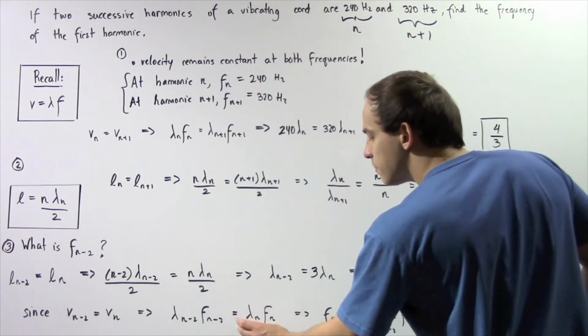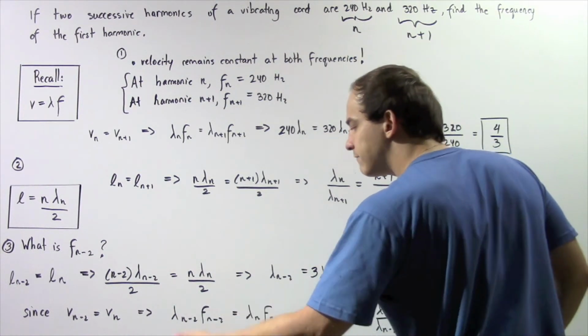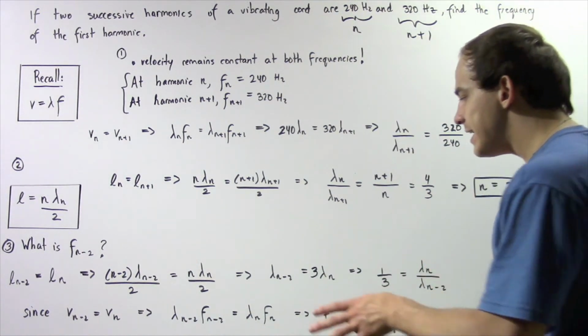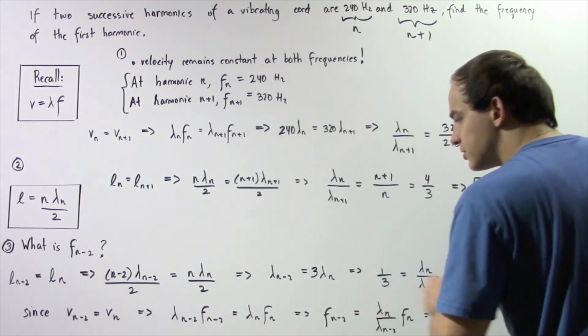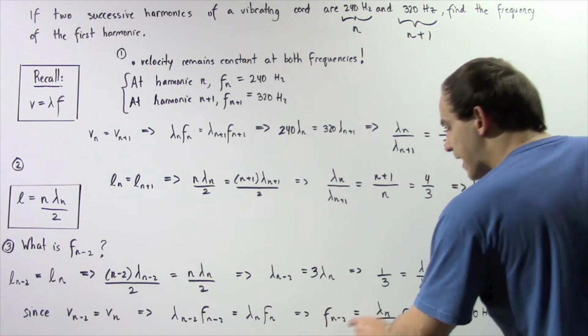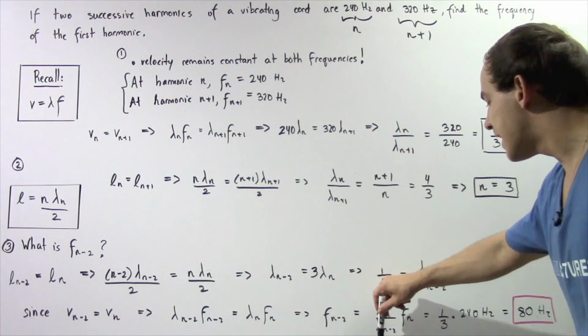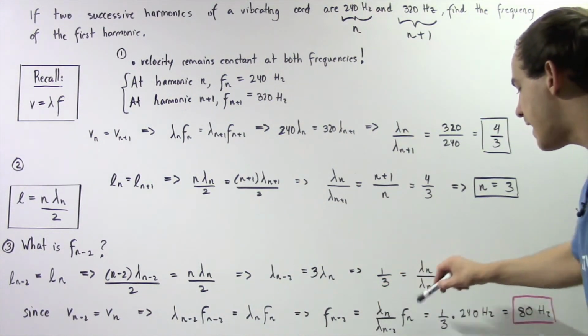Once again, we solve for Fn minus 2, and we get that Fn minus 2 is equal to lambda n divided by lambda n minus 2 multiplied by Fn.